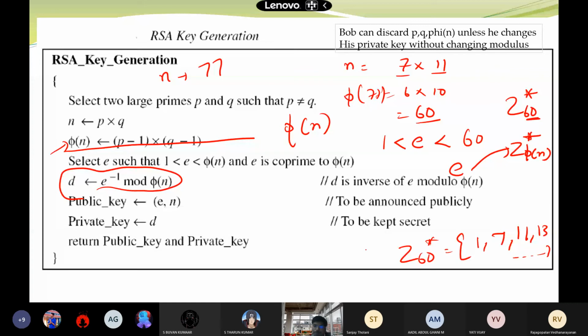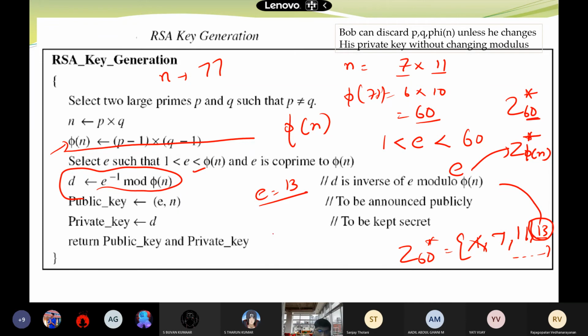So here you have the choice now to choose one of the elements in the set. The example given has chosen 13. It is not mandatory that you choose 13. You can choose even 7, right? But don't choose 1. You have to choose one of the elements in that set and that becomes your E. So the E value now is say 13.